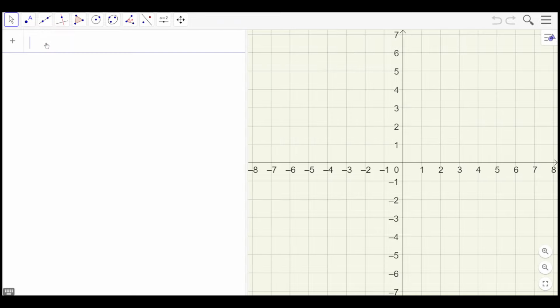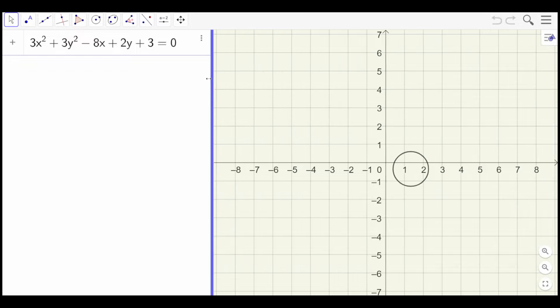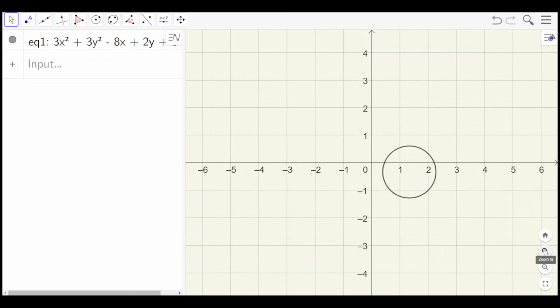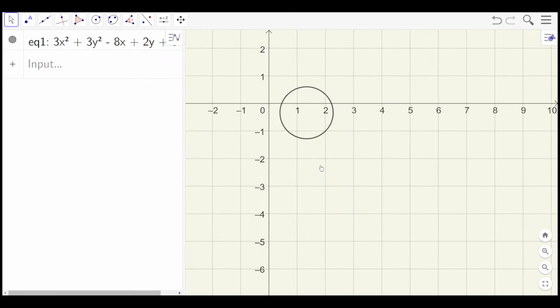Yeah, so it becomes 3x squared plus 3y squared minus 8x plus 2y plus 3 equals 0. That's a circle. Yes? So because that part is eliminated from your course in Math 3C, why this is a circle, it's not a big deal.